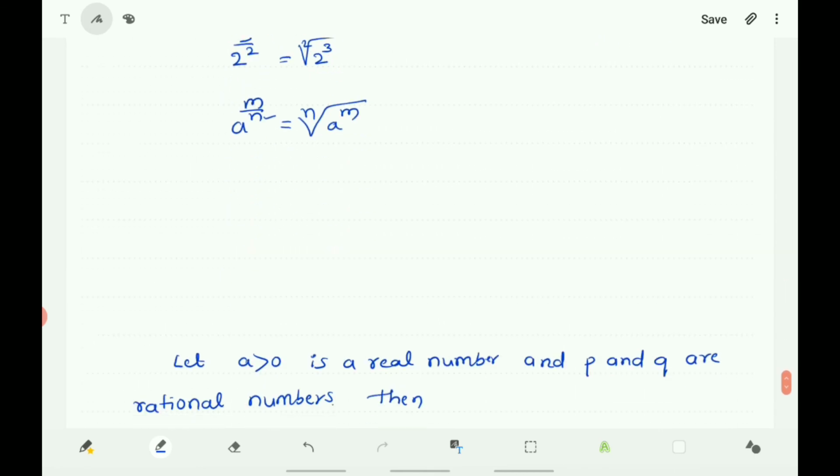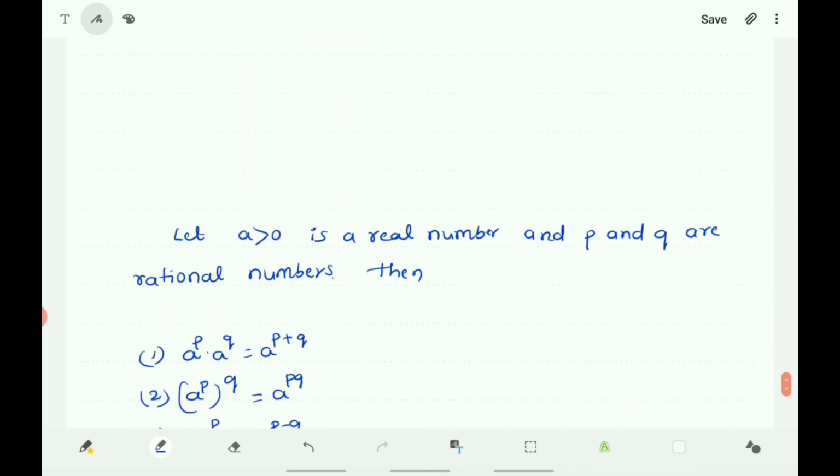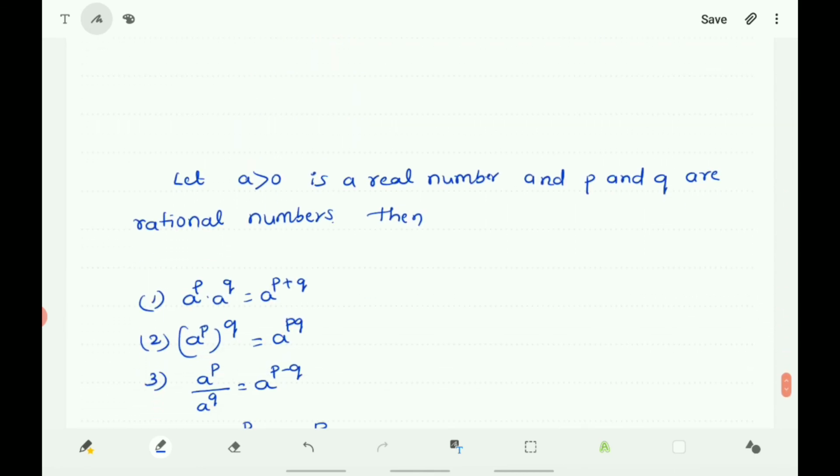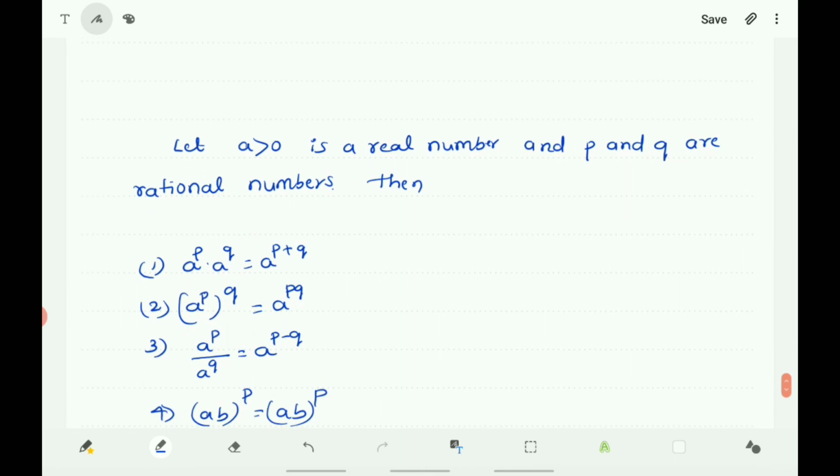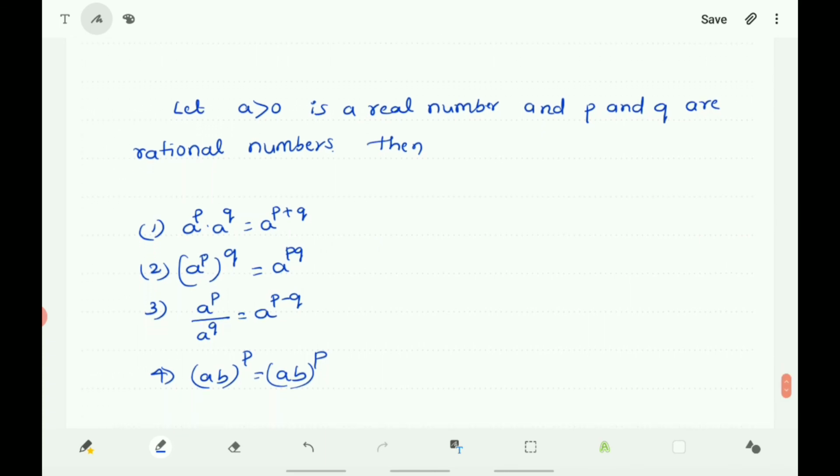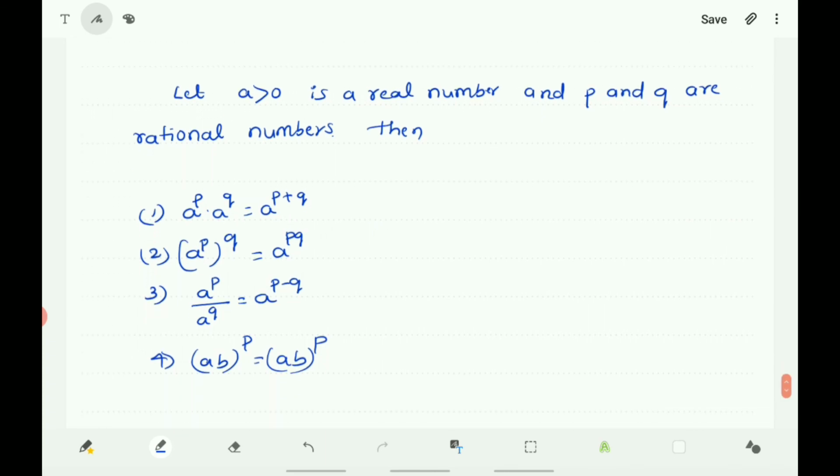And if a is greater than 0 is a real number and p and q are rational numbers, that may be in the form of fractions, then you can apply the laws of exponents in this way. That is a to the power of p into a to the power of q. In the previous laws we have taken m and n which are natural numbers.